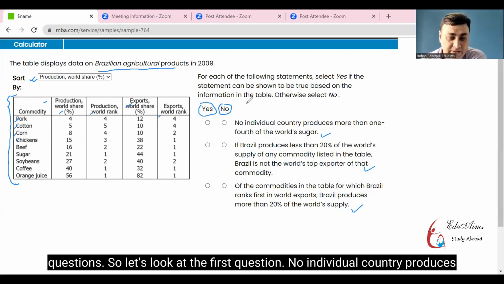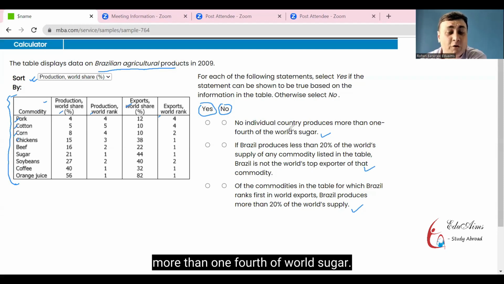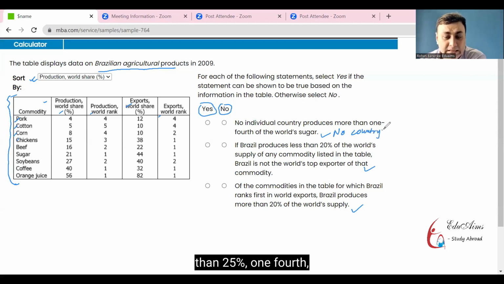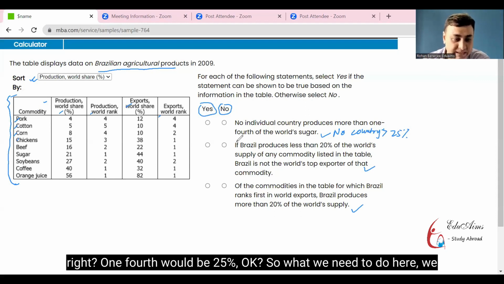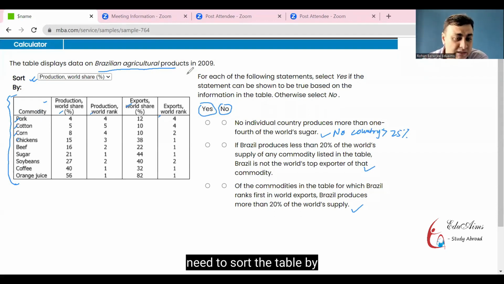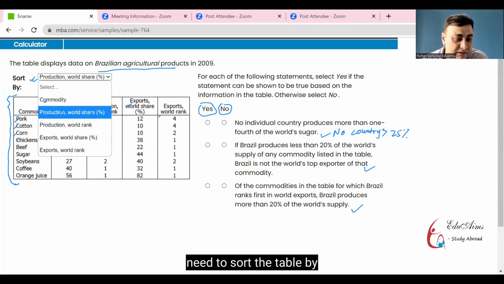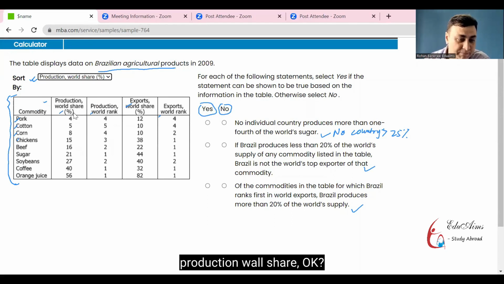So let's look at the first question. No individual country produces more than 1/4 of the world's sugar. So no country produces more than 25%, since 1/4 is 25%. Here we need to sort the table by production world share.